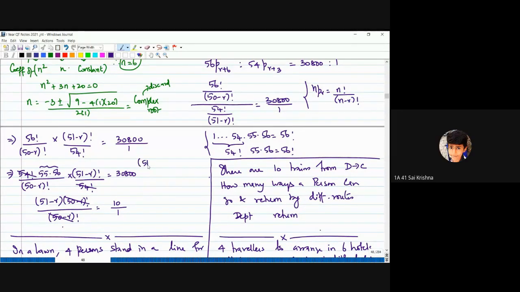That is, we are writing 51 minus r factorial as 50 minus r factorial into 51 minus r. So these two will get cancelled and 56, 55 will be 10 times of this. So 51 minus r is equal to 10, hence r is equal to 41. Hence r is 41.